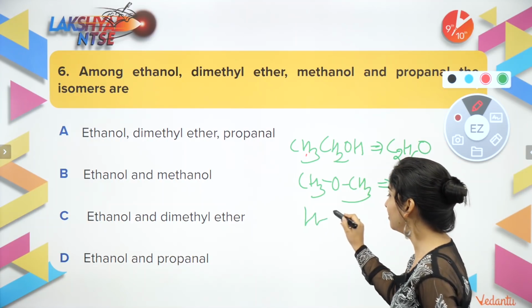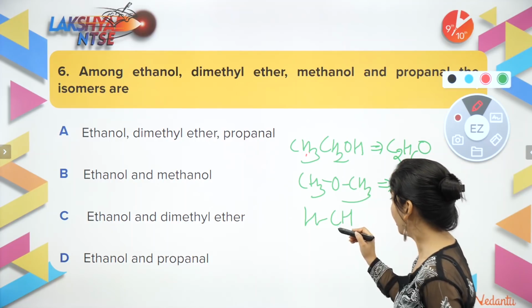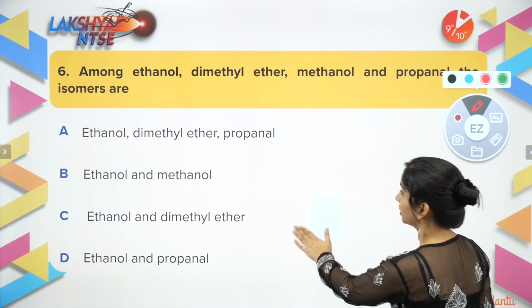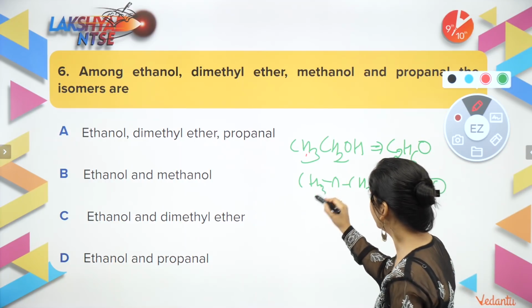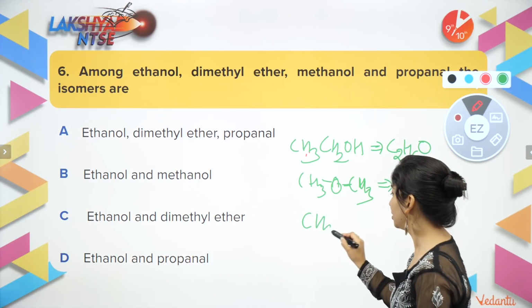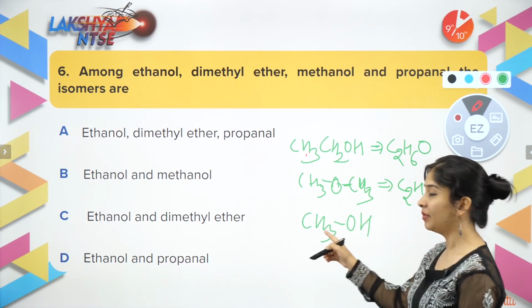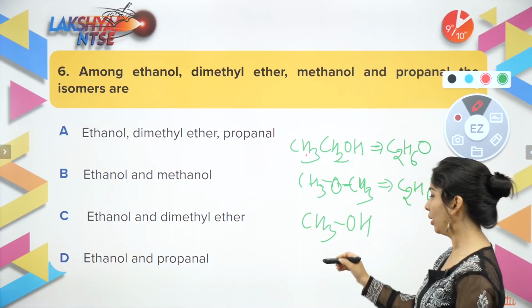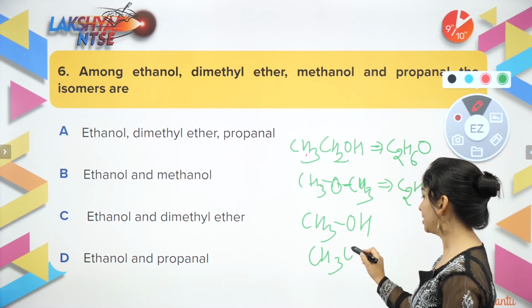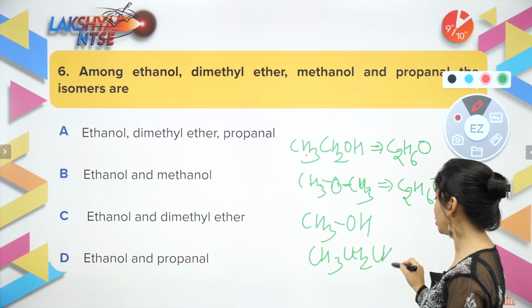If I want to write methanol, so methanol would be CH3OH. Meth 1 carbon, then ane, then all. And then if I want to write propanol, CH3, CH2, CHO.